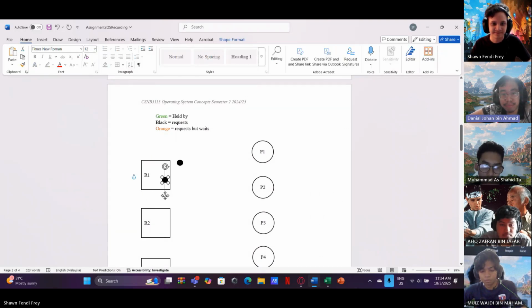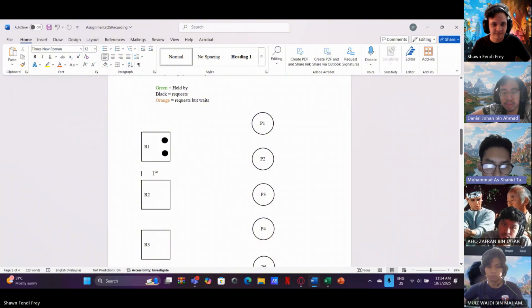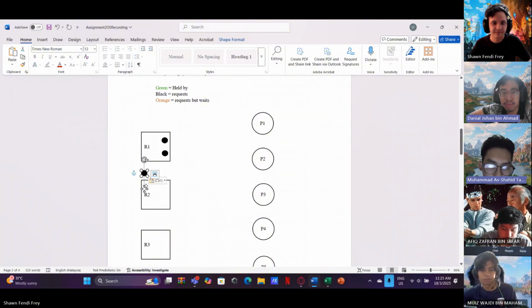If the arrow goes directly to P1, meaning to the process, it means the resource is held by the process.